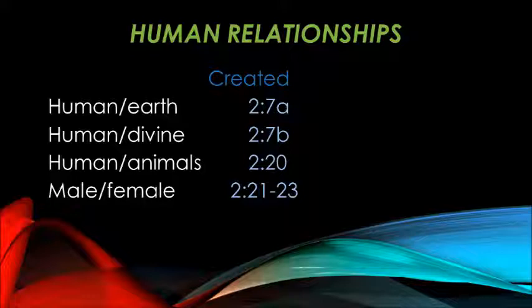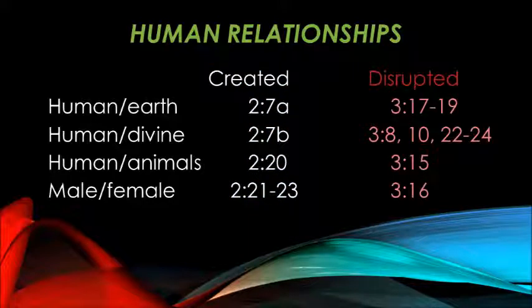He relates to the animals. He's given the responsibility of naming them and so be in control over them. And then finally, of course, male and female are related to one another. So this chapter deals with how humans are created and what relationships they have.